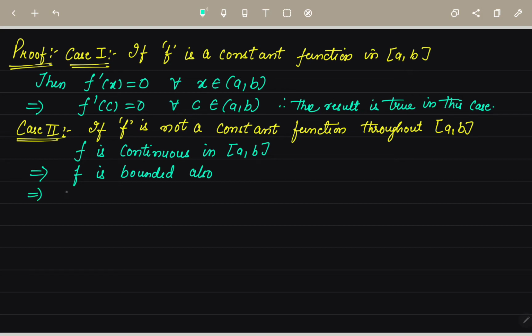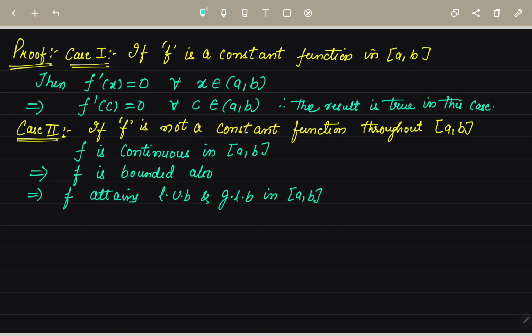So this function attains its least upper bound and greatest lower bound in the closed interval [a, b]. Basically, the least upper bound is the smallest element among the upper bounds. Similarly, the greatest lower bound is the greatest element among the lower bounds.